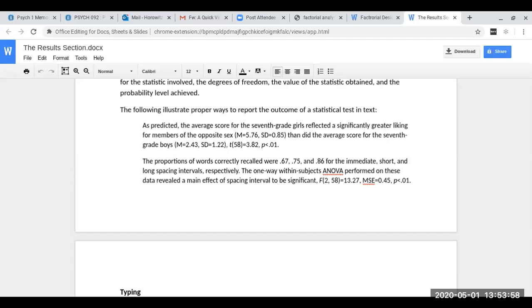Here is your F statistic, which is going to give you 2 different degrees of freedom, 2 and 58, number of groups, number of subjects, in case you forgot from Psych 91 or Math 227. Mean square error, remember that MSE stands for mean square error, and that is 0.45.